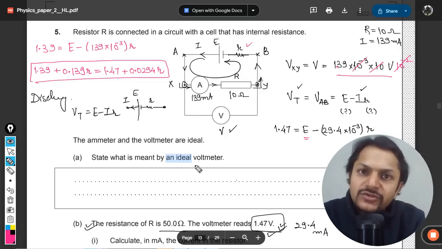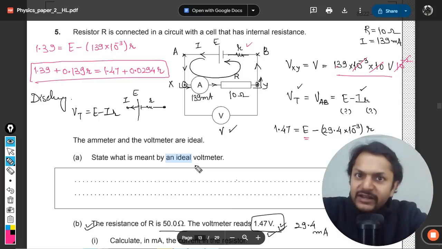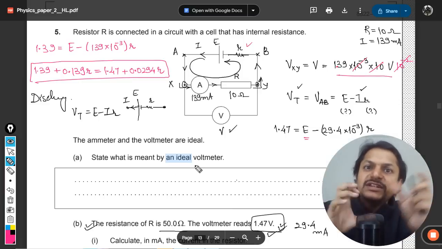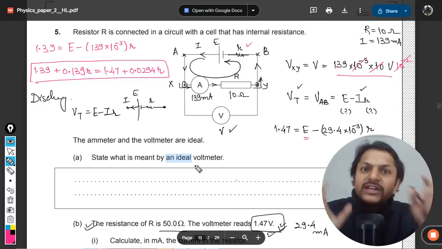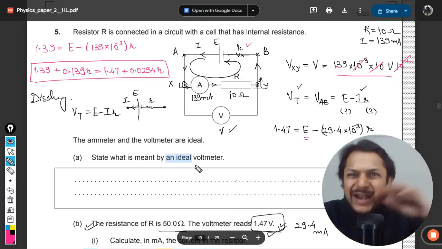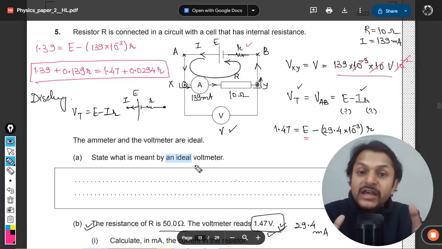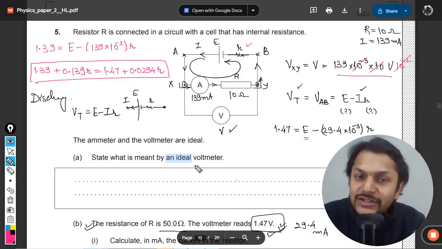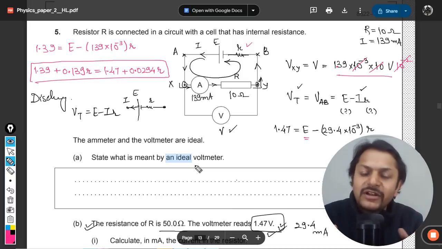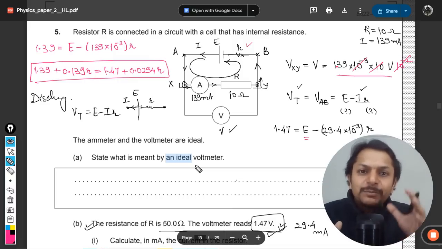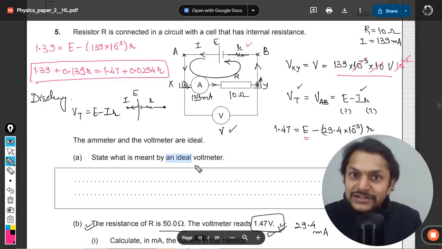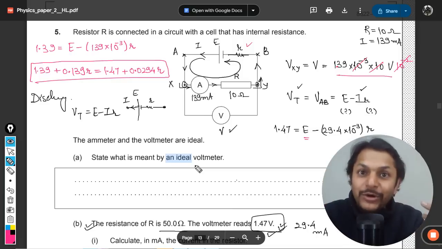It's my advice to the students that you first completely read the question and see which data is given where. They usually give all the data, but it is so spread out that we don't know where the data is given. I usually tell my students in my private classes that paper two questions are not about your hard disk, that is, how many formulas you remember, but more about the RAM.